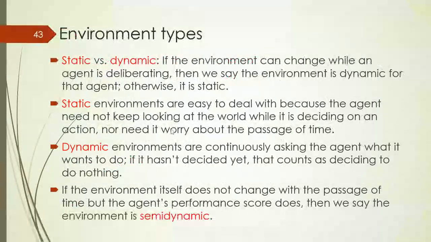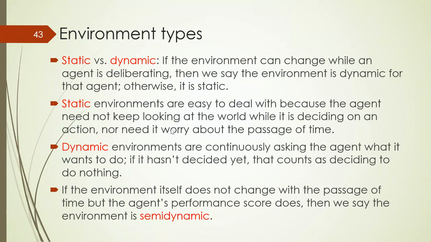Environment type again, static versus dynamic. If the environment can change while an agent is moving or deliberating, then we say the environment is dynamic for that agent. Otherwise, it's static. So if the environment itself changes, it would be dynamic.